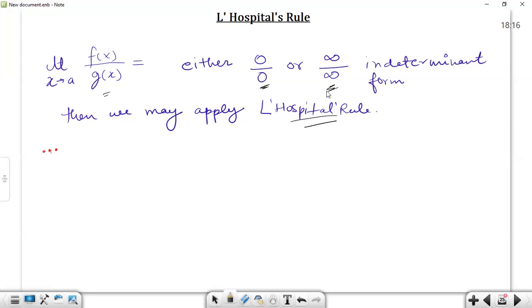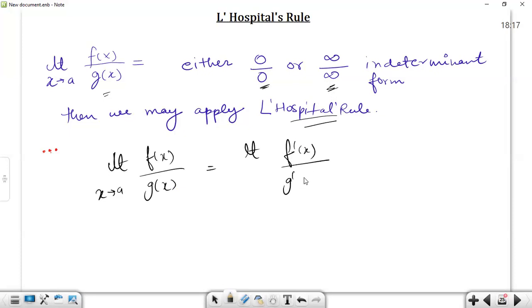And when this condition stays true, then we can write that the limit of the ratio equals the limit of the derivative of the numerator over the derivative of the denominator. Is it clear to everyone? Yes, sir.